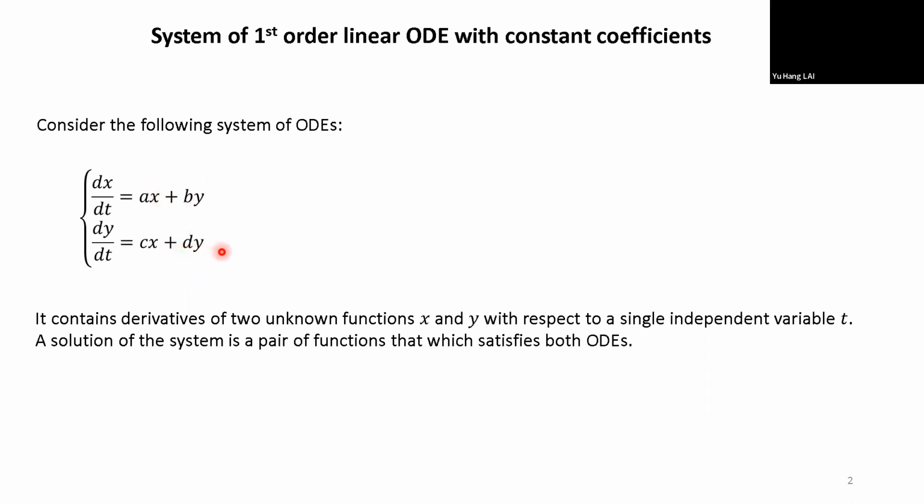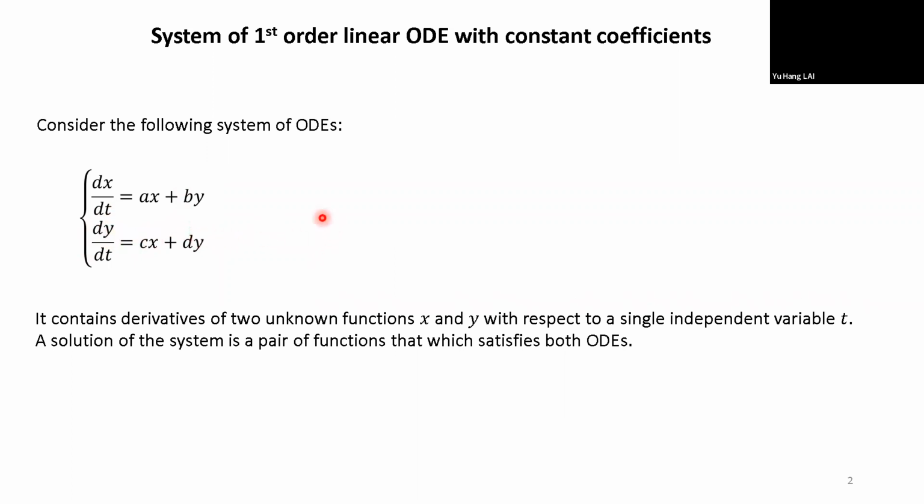But here you can see that the 2 variables are actually connected to each other, because the rate of change of x not only depends on x itself, but also depends on the other function y. Similarly, the rate of change of y depends on both x and y.